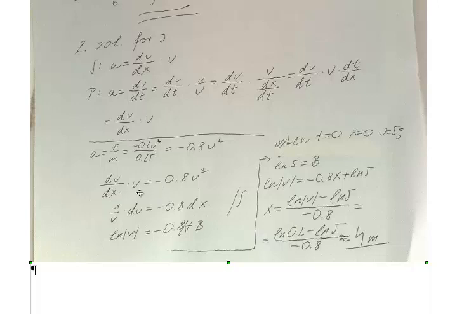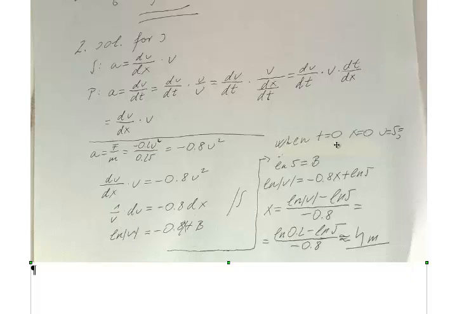Here we multiply by dx and divide by v squared, we get this equation, and integrate both sides, we get this.